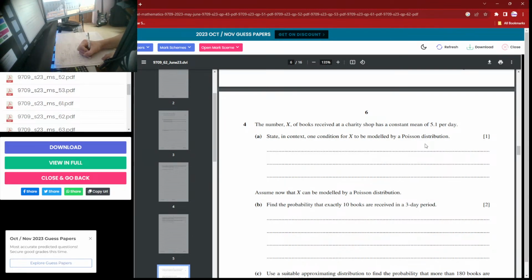So one condition would be books received by the charity shop per day has to be constant. Because the books received is the event, and the event has to be constant. The events have to be independent.